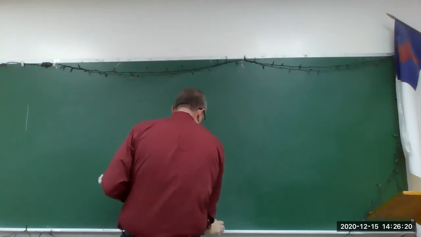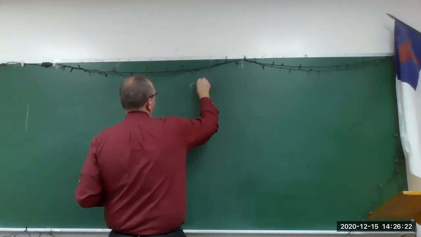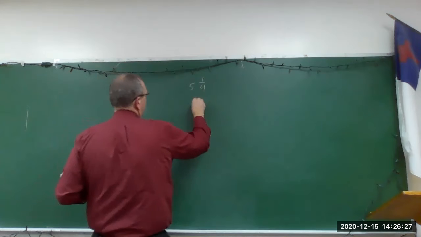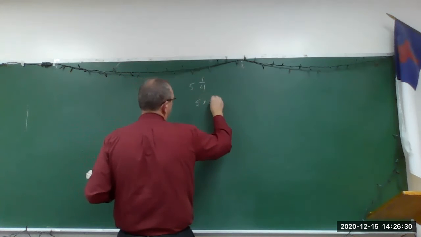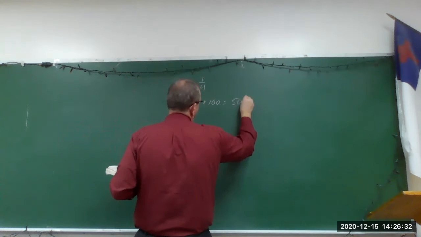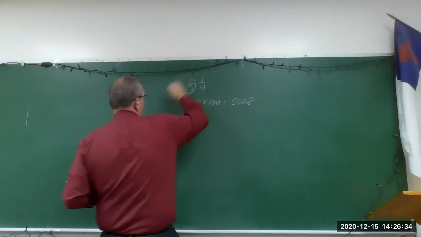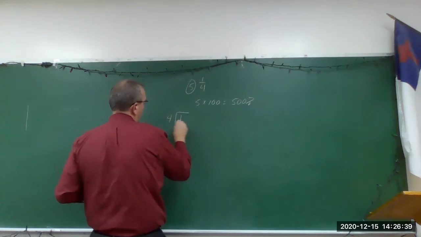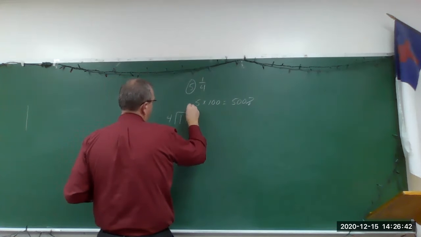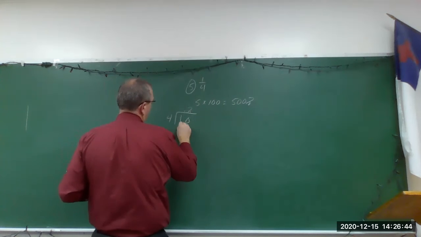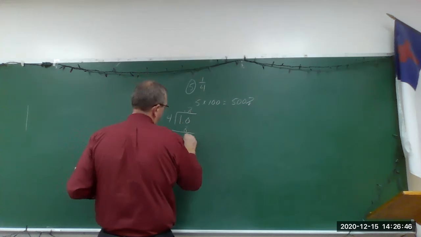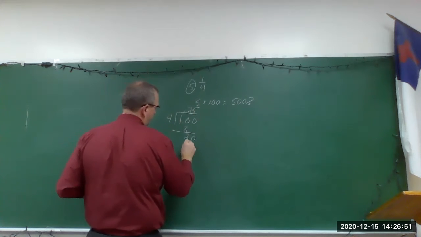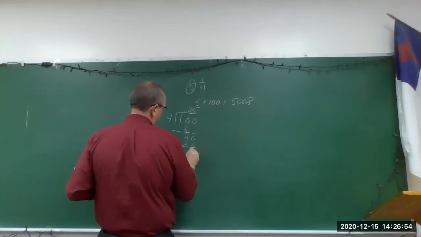Next one, 5 1/4. Any whole number, you're just going to multiply by 100. So you're going to get 5 times 100, or 500%, for the whole number. Now you're going to take the 1/4 and say 1 divided by 4. 4 goes into 10 two times, that's 8, that gives you 2, you add a 0, 4 goes into 20 five times, so that's 20, and that's 0.